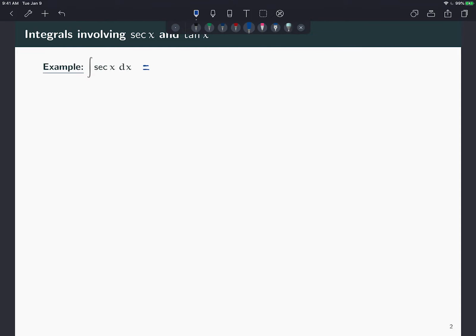After we think about this for a few minutes, there's a trick to do this. I have a secant x, and the trick is to realize that if you multiply top and bottom by the quantity secant x plus tangent x, you're going to have the magic to work out and complete everything you need, because the first term is going to be secant squared, which is the derivative of tangent.